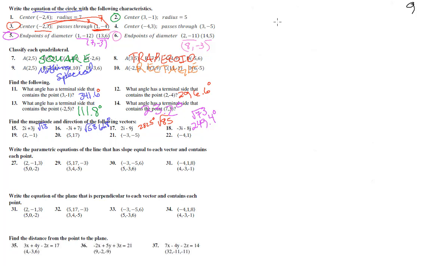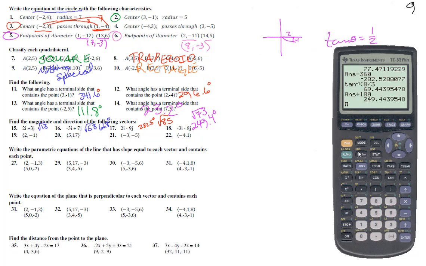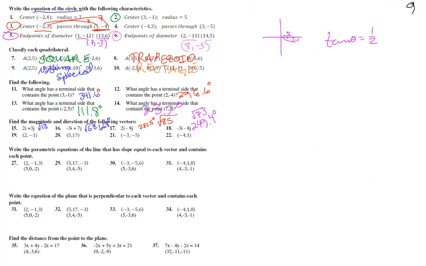Number 19, 2, -1. And the only reason they're written differently is so that you as a student can get used to seeing the vectors in these different notations. So we're at 2, -1. Good. So tangent of theta is going to be 1 over 2. Plug that in. Inverse tangent of 0.5. And we get 26.56. But where is it? We're going just shy of 360.